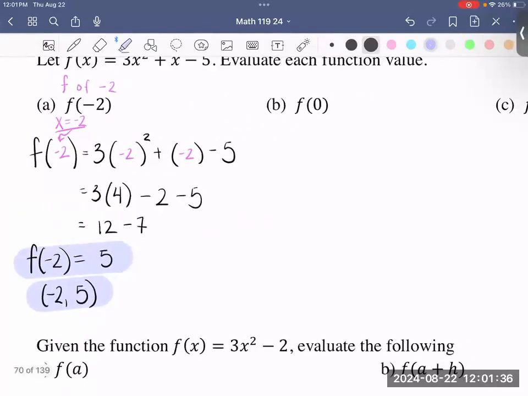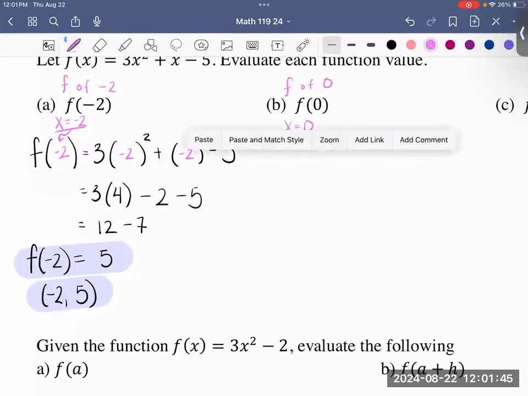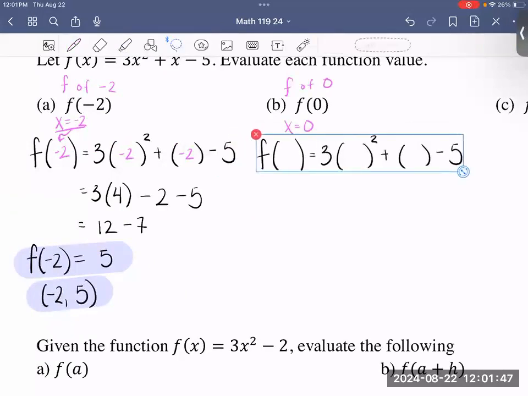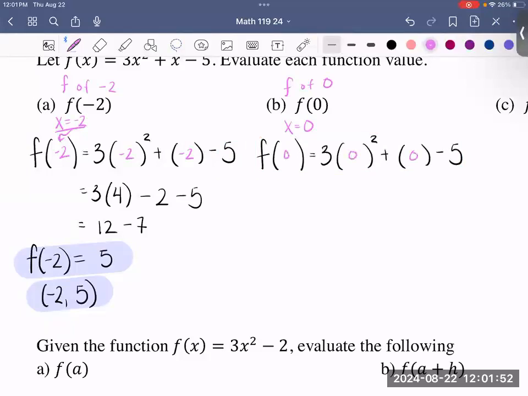Now let's try it again with these other ones. Again, this is f of 0. So what do we get when we insert a 0 into your x value? So again, leaving gaps, putting in a 0, we get 0 plus 0 minus 5. So f of 0 is equal to -5, or again, the point 0, -5.